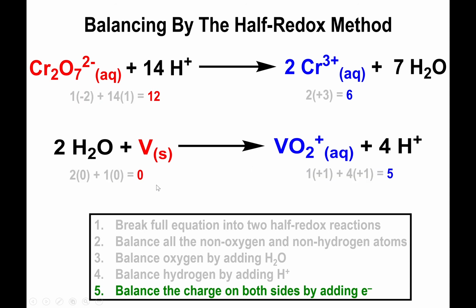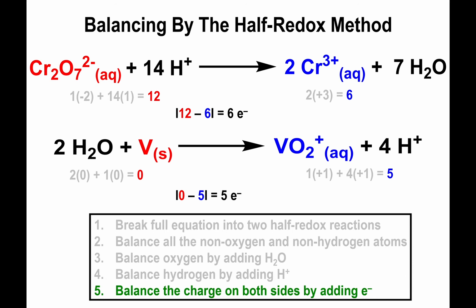And if you do this, all you really need to do now is place that discrepancy, right? 12 minus 6, which is 6, is really 6 electrons that you're missing. And the 0 minus 5, once you take the absolute value, which is 5 electrons, tells you that you're missing 5 electrons altogether.